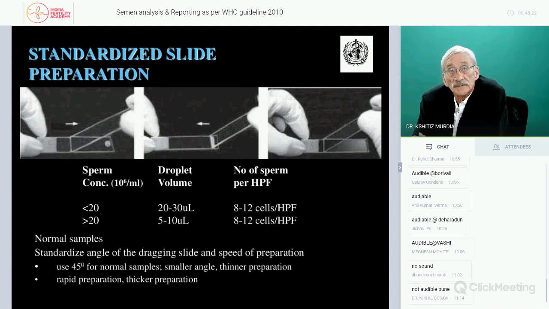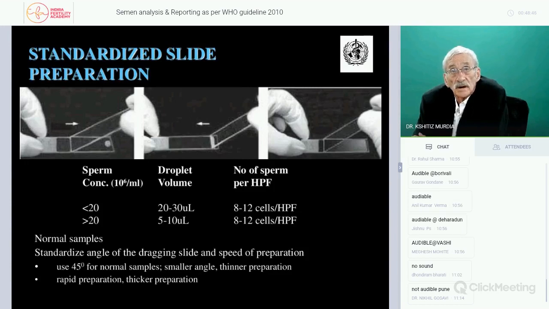You put a drop of semen on the edge of the slide, slide it back a little bit so that it spreads over the whole area of the second slide, and then with a slow or fast movement forward, as you like, spread the semen over the whole area.